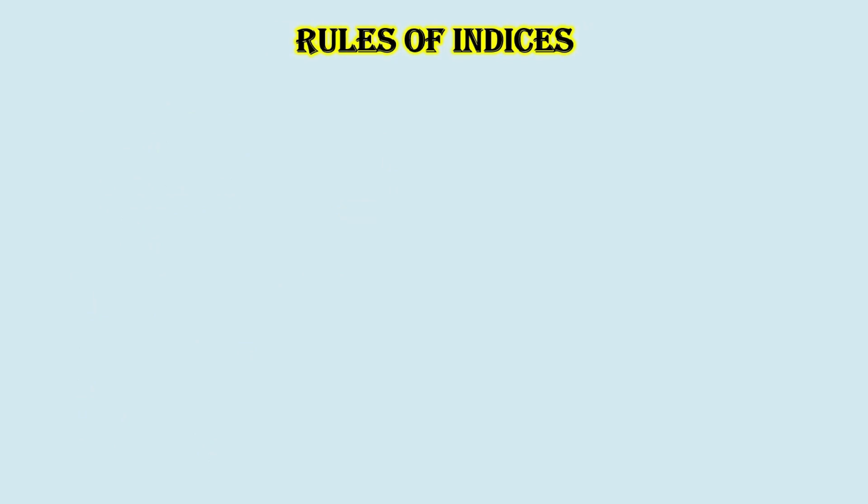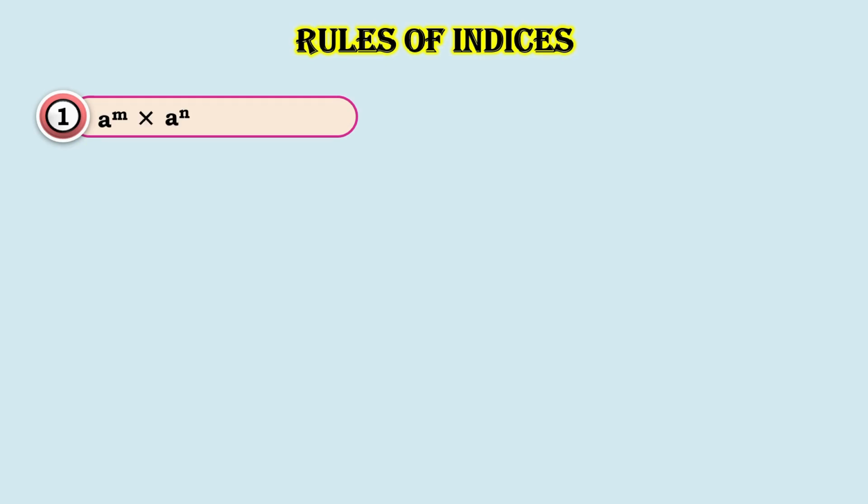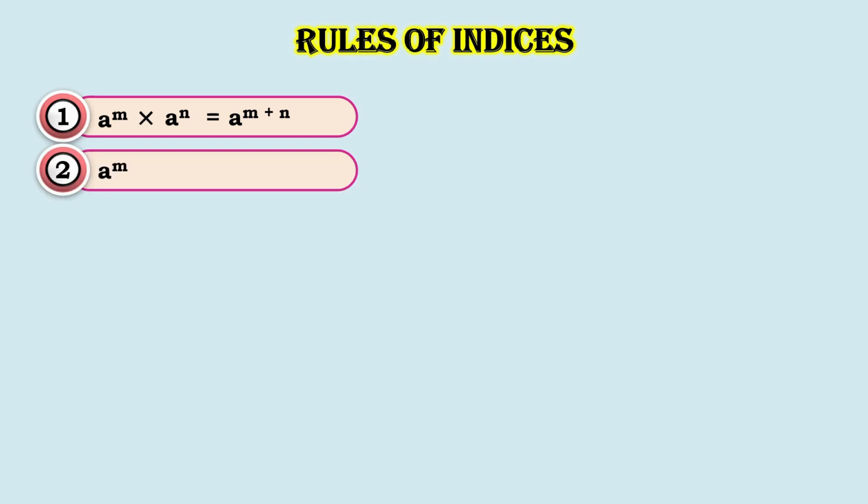Now let us learn the different rules of indices. Rule number 1. A to the power m into a to the power n is equal to a to the power m plus n. Rule number 2. A to the power m divided by a to the power n equals a to the power m minus n.